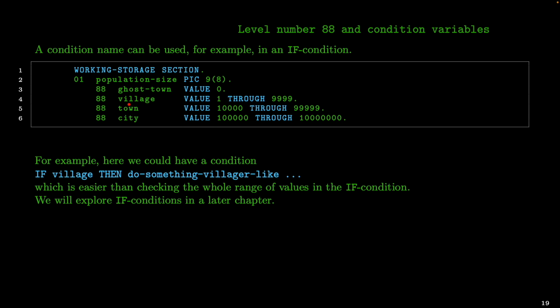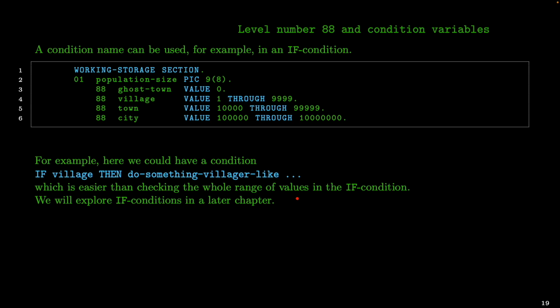So if, let's say, population size has a value between 1 and 10,000, then the village condition would be true. So then this condition in here would evaluate to true, and we would execute whatever follows then. And that's of course much easier than taking a variable and checking if the value is within a certain range.